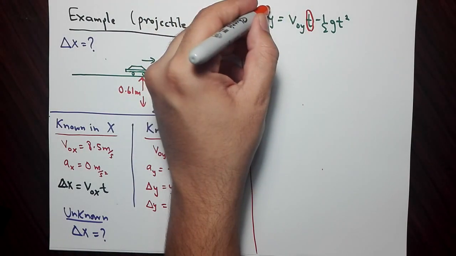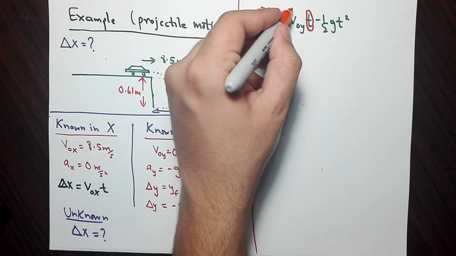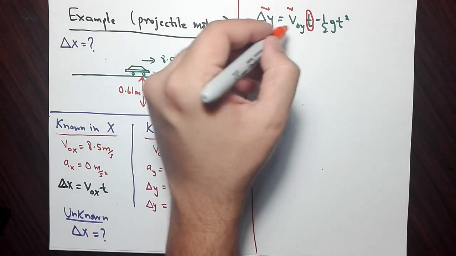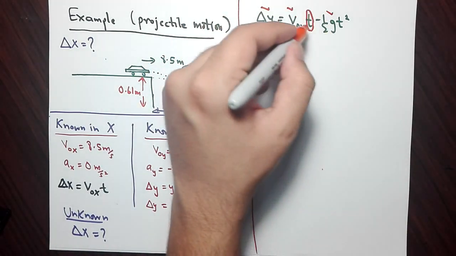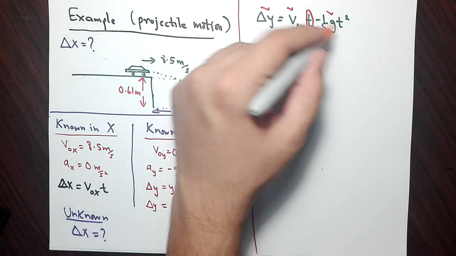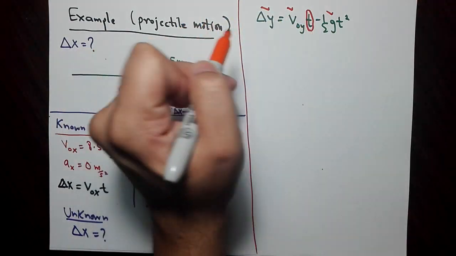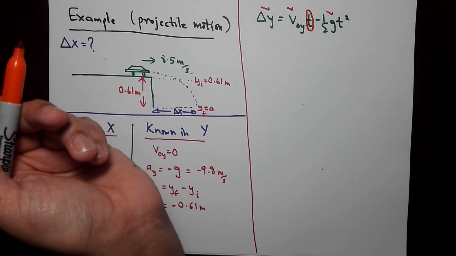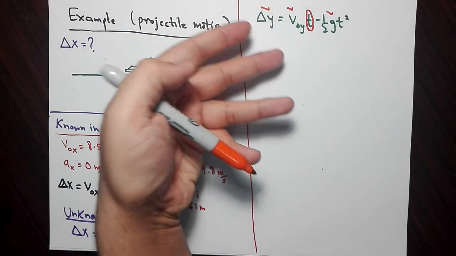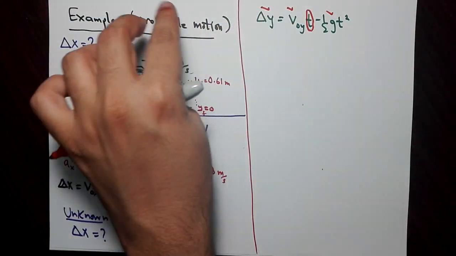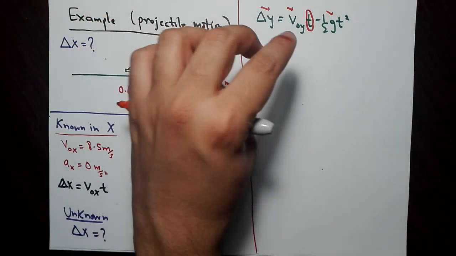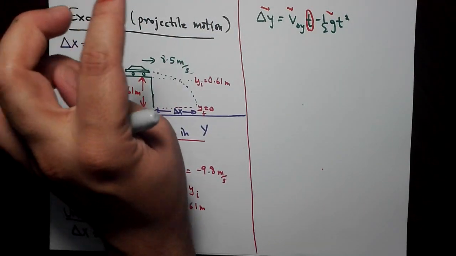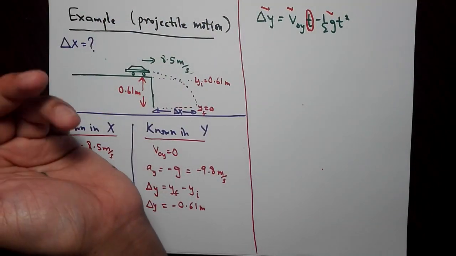You can check mark what you know. We know that initial velocity is 0 in the y direction, and we know g. So there's only one circle, at time, and you can use that equation. There are only three equations. You can write them and check mark what you know, circle what you don't know. If there are two circles, you cannot use that equation. If there's one circle, you can use that equation.